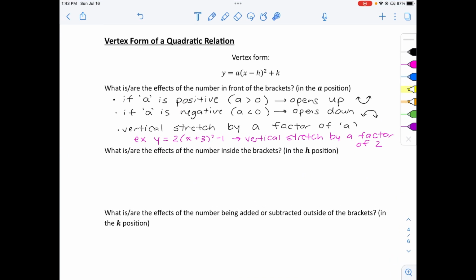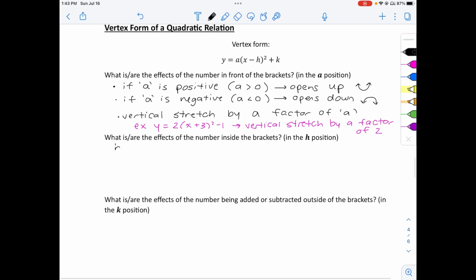So I can say that the effect of the number inside the bracket, my h value, is that it causes a horizontal shift. It's either going this way or this way, right? Horizontal is left to right along the x-axis.